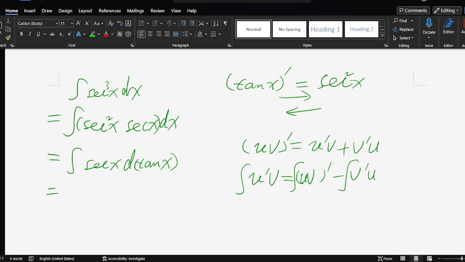So we change the form: integral secant x times d tangent x. So now we do that here. I separate it.